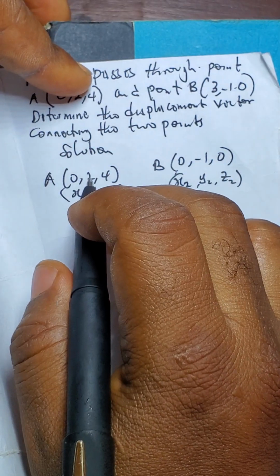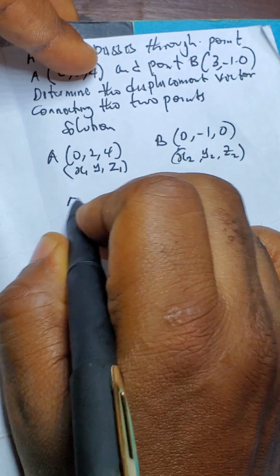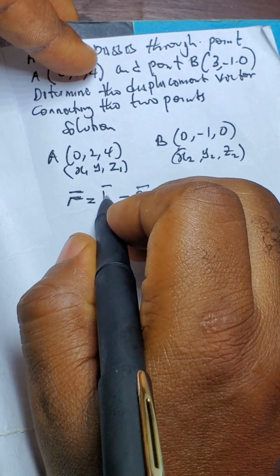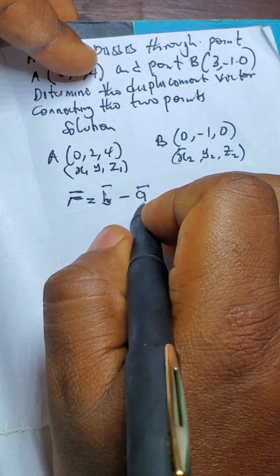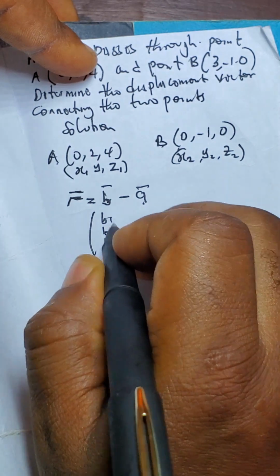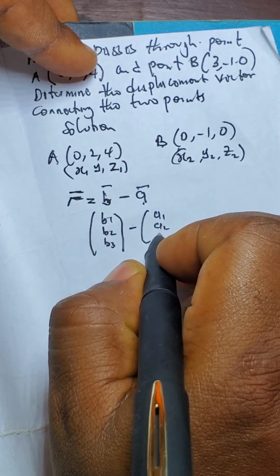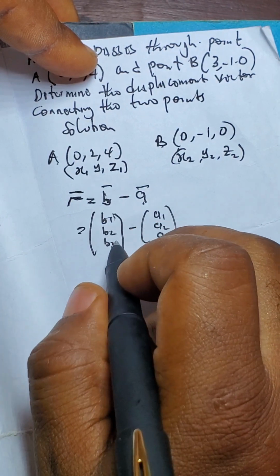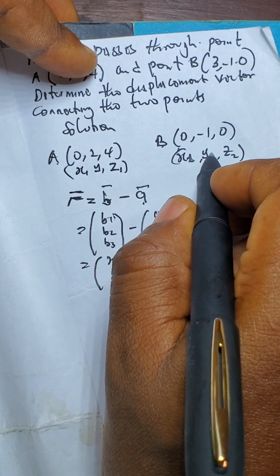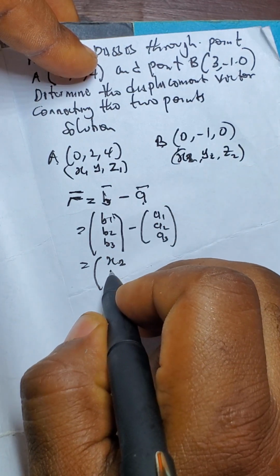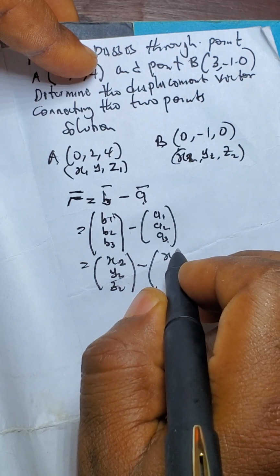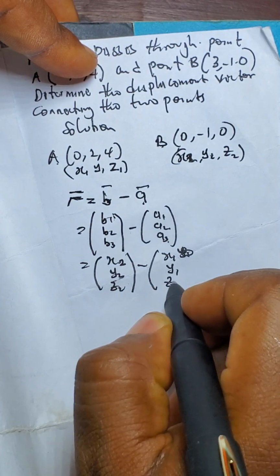Now, the formula for displacement vector that I just proved is R is equal to vector B minus vector A, where vector B is the position vector of point B and vector A is the position vector of point A. So that is B1, B2, B3 minus A1, A2, A3, which is the same thing as X2, Y2, Z2 minus X1, Y1, and Z1.